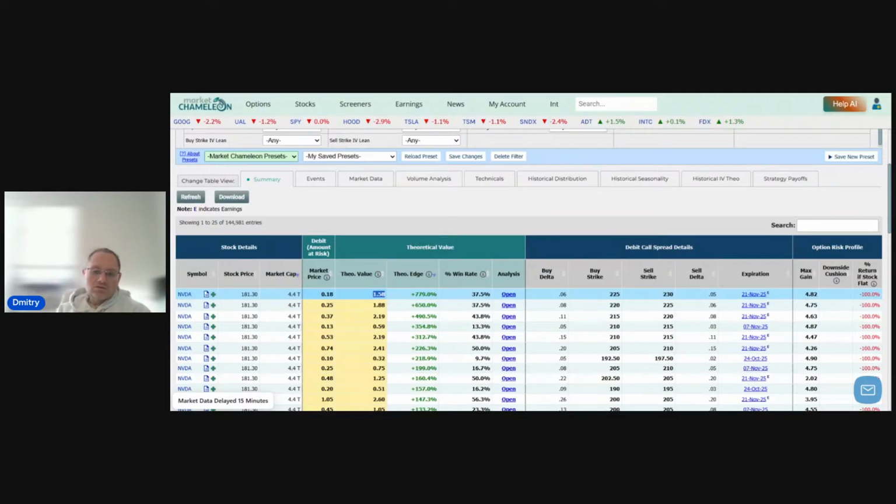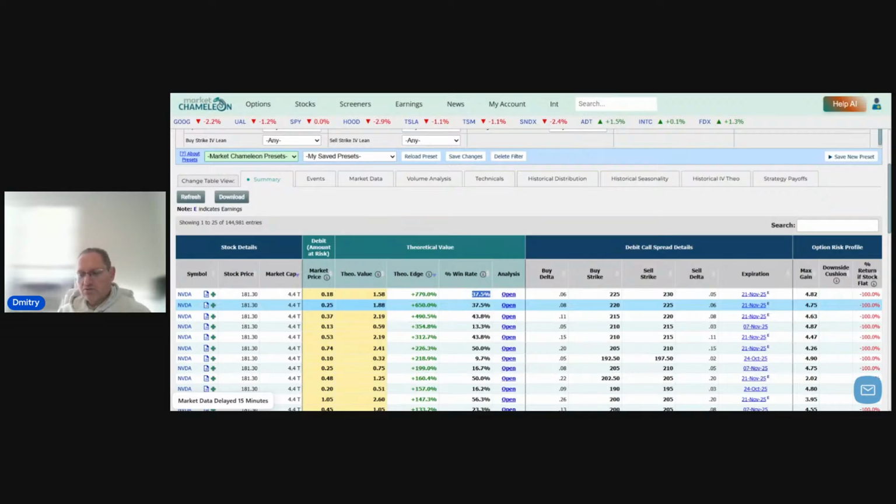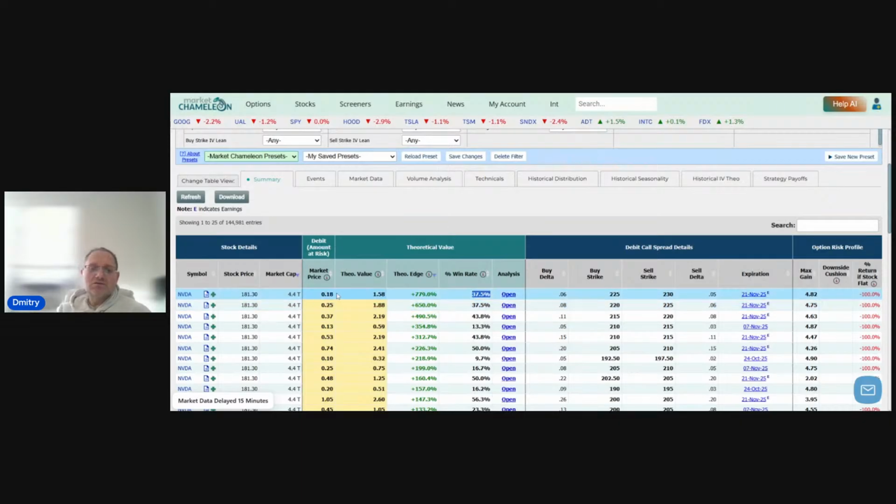And on top of that, an average move could get skewed higher or lower. So we have this historical success rate or win rate. And this shows us the amount of our historical observations where the stock moved in a way that would have made this spread at this price profitable.